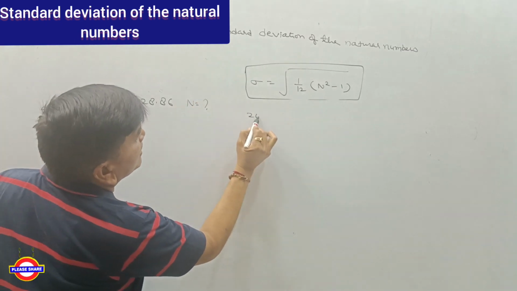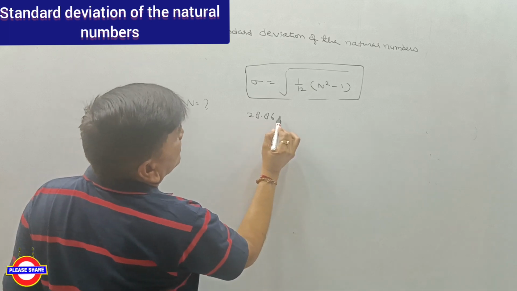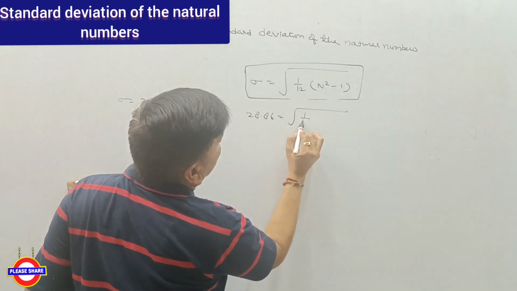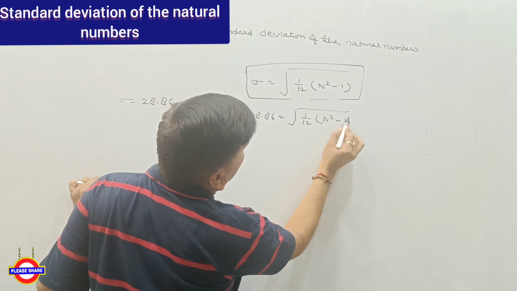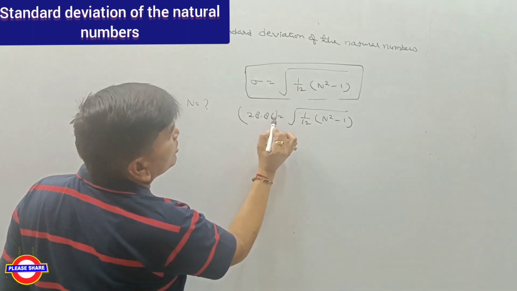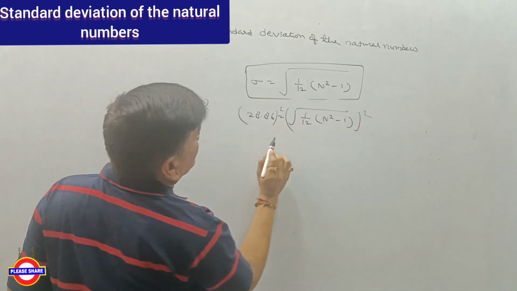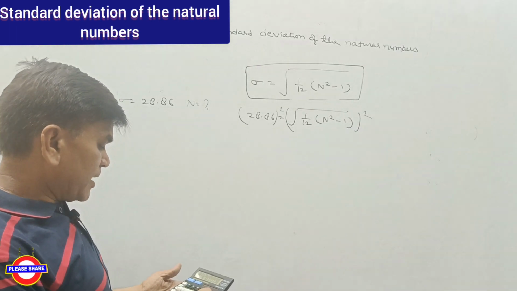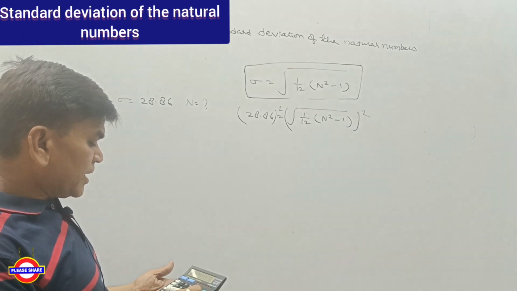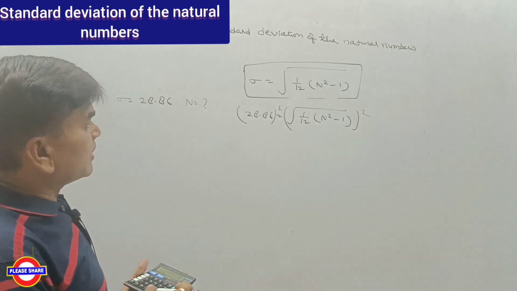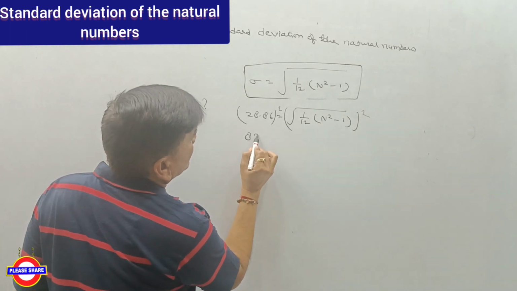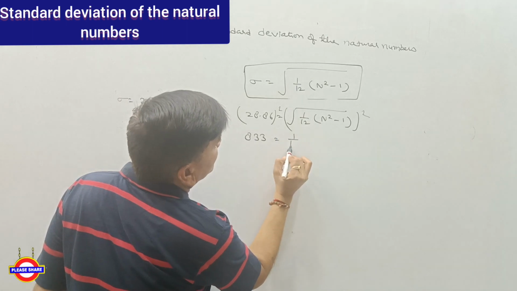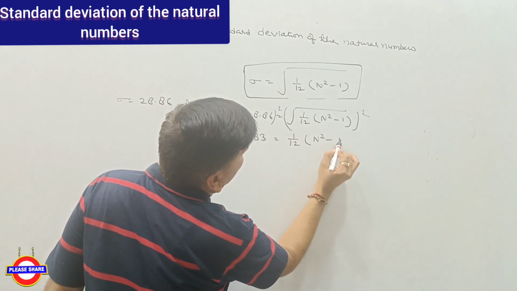So 28.86 is under root 1 by 12 into n squared minus 1. Taking the square on both sides, 28.86 multiplied by 28.86 gives 833. So 833 is equal to 1 by 12 into n squared minus 1.